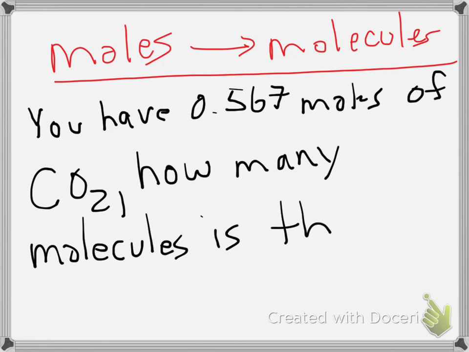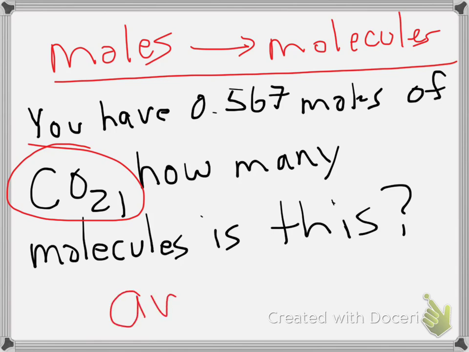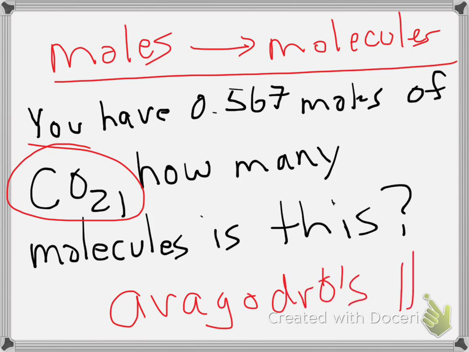One of the ways they try to trick you with these problems is by actually giving you a chemical. But whenever you see moles and molecules or molecules and moles, the only conversion factor you're going to need to use is Avogadro's number. So the CO2 doesn't matter.